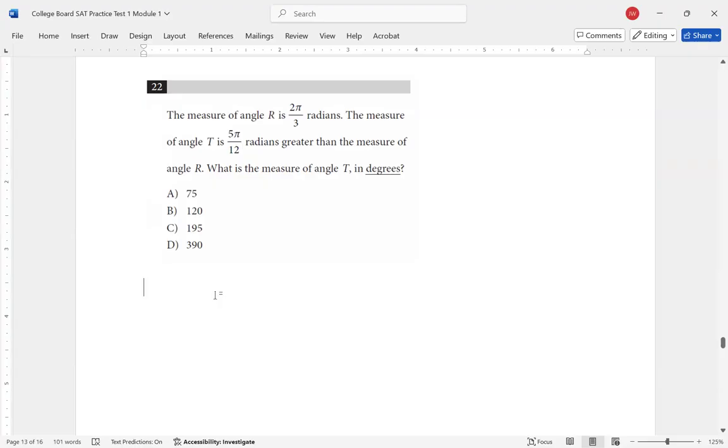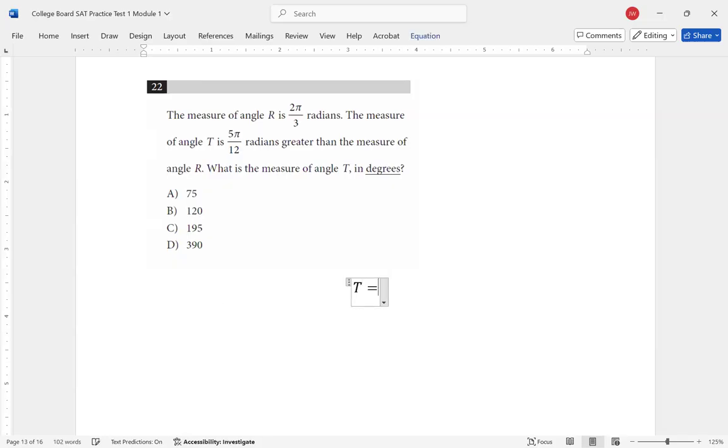The measure of angle R is 2 pi over 3 radians. The measure of angle T is 5 pi over 12 radians greater than the measure of angle R. What is the measure of angle T in degrees? So this is question 22.